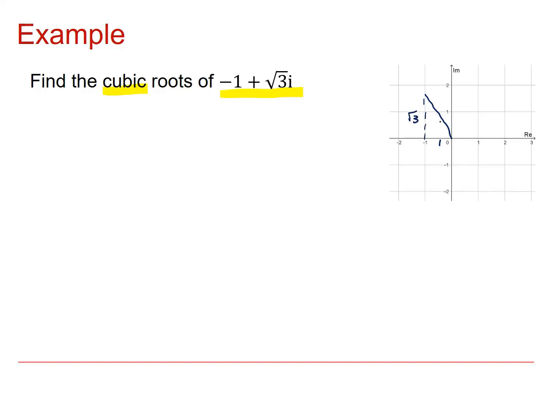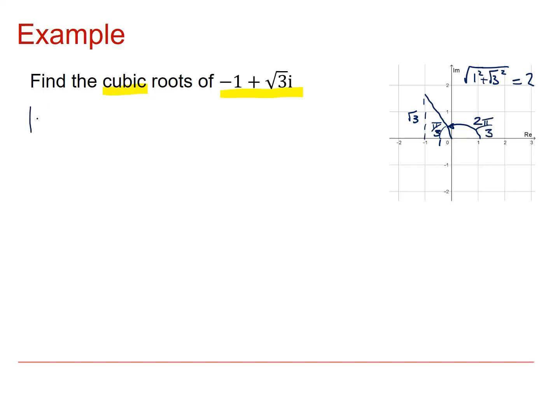So for the modulus of that, it's going to be the square root of 1 squared plus root 3 squared. That's 1 plus 3 inside there, so it's root 4, which is going to be 2. And the argument is going to be this angle here. I know from this right angle triangle that this is pi by 3, so this is 2 pi by 3.